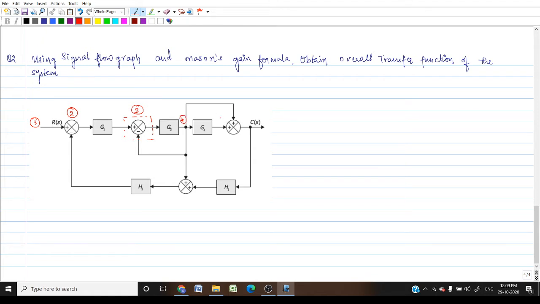Similarly, both the summing point and takeoff point together will be considered as one single node, and I'll take it as node 5. Clear? And here again this takeoff point and this summing point, I'll take this as node 6. So these are the different nodes. With this I'll draw the signal flow graph.